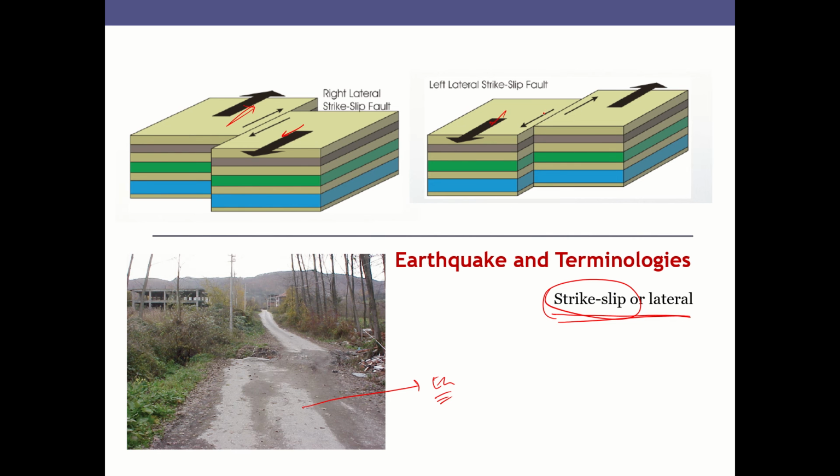Okay, it can be this way or it can be that way, and horizontal movement of earth surface itself. For example, this can be a good simple example for explaining what is the movement that has occurred. So this is supposed to be the same road, but because of the lateral movement, because of the earthquake, you can see that there is a shift in alignment of the road.